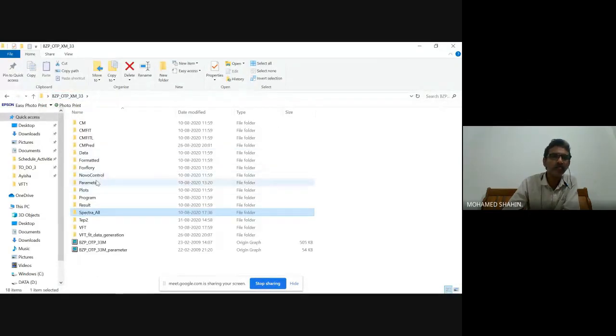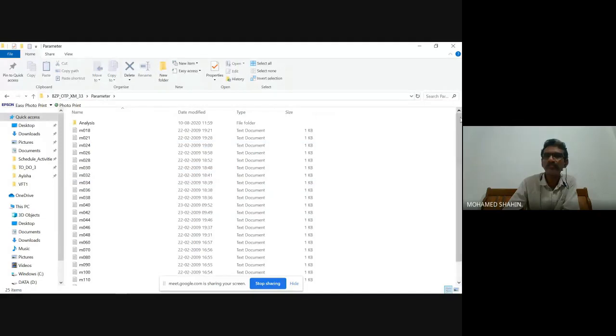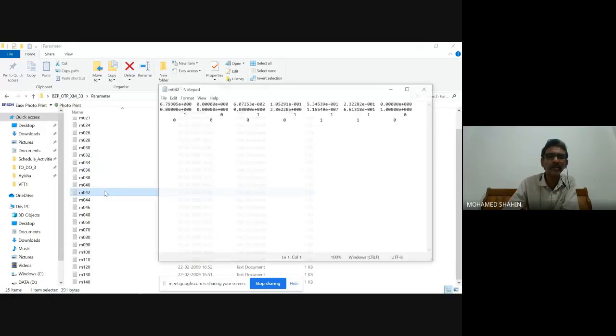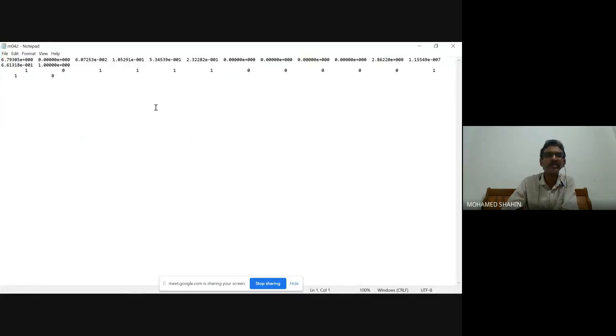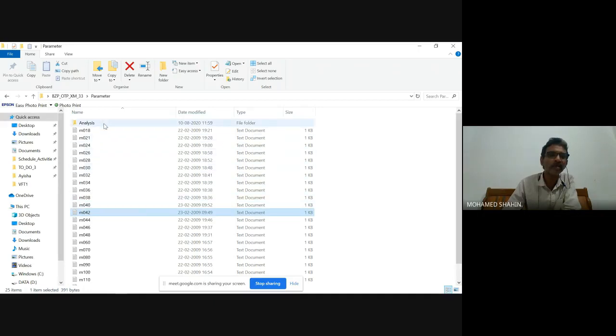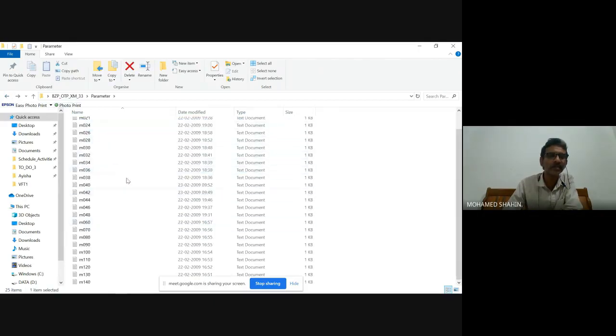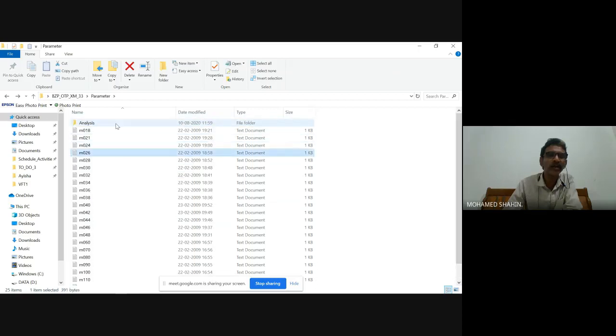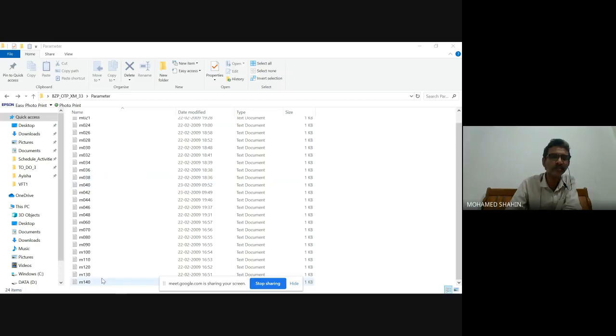Now, once you fit all this, you will see that you will get all the parameters. This we have already discussed. So once you fit the data one by one, now you will get a set of files similar to this.